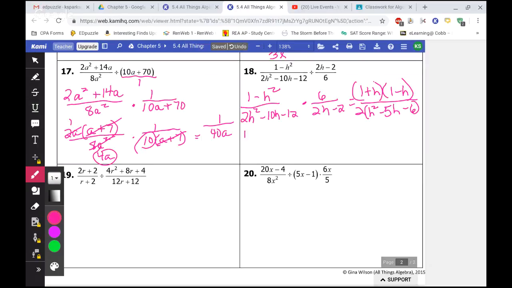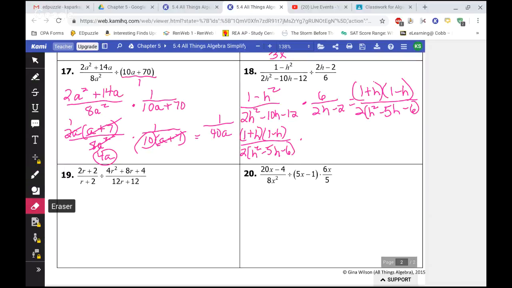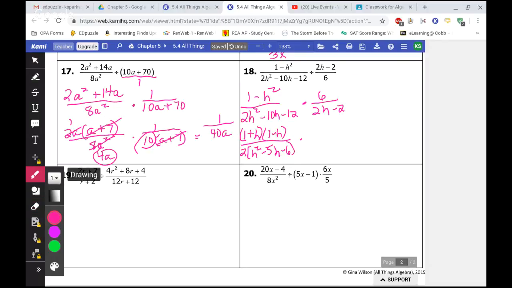I'm going to just go ahead and rewrite that. And then here, I can factor out a 2h minus 1.